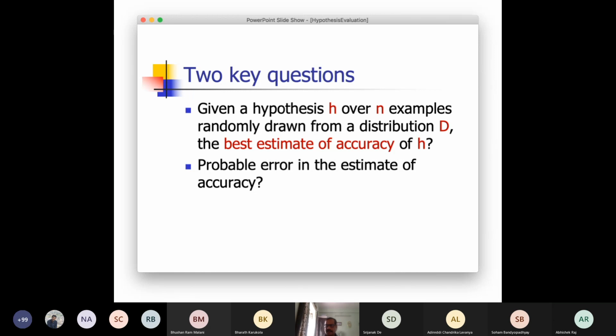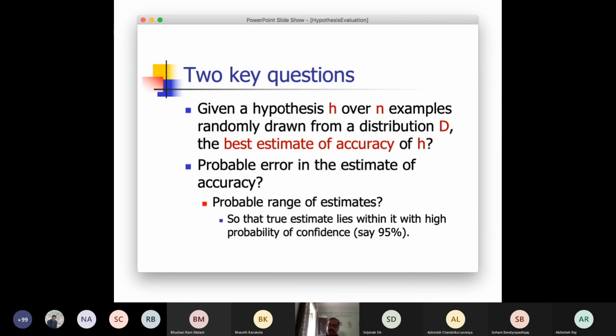The value you are getting is a kind of point estimate, but what would be the interval on which these values most probably lie? Can you get that probable range so that you can say, for example, that your true estimate lies within it with high confidence, say 95%?